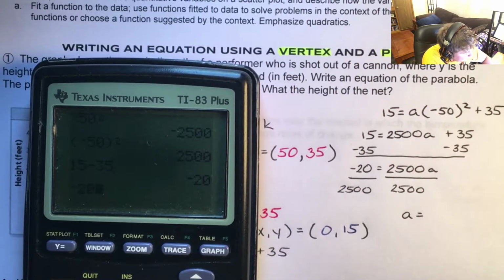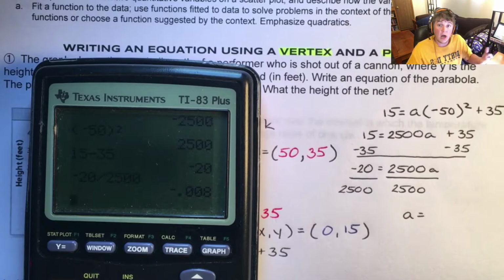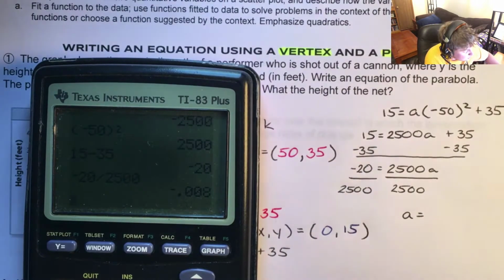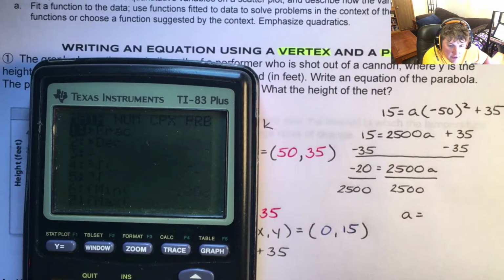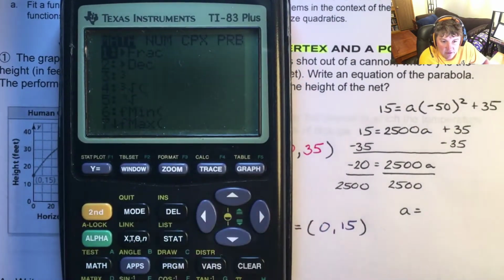I would be totally fine with this if you gave me negative 0.008, meaning this is a very wide parabola compared to the parent function. The other option is you can go ahead and hit math. The math button is just right here, and the very first one says frac.